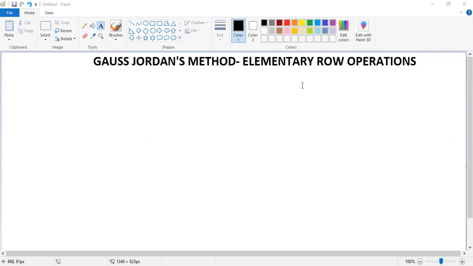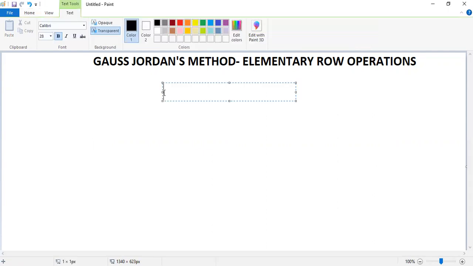unknowns. So when we talk about unknowns, those are the variables in equations that we solve for to get their values. So for example, I write something like 2x plus y is equal to 3.